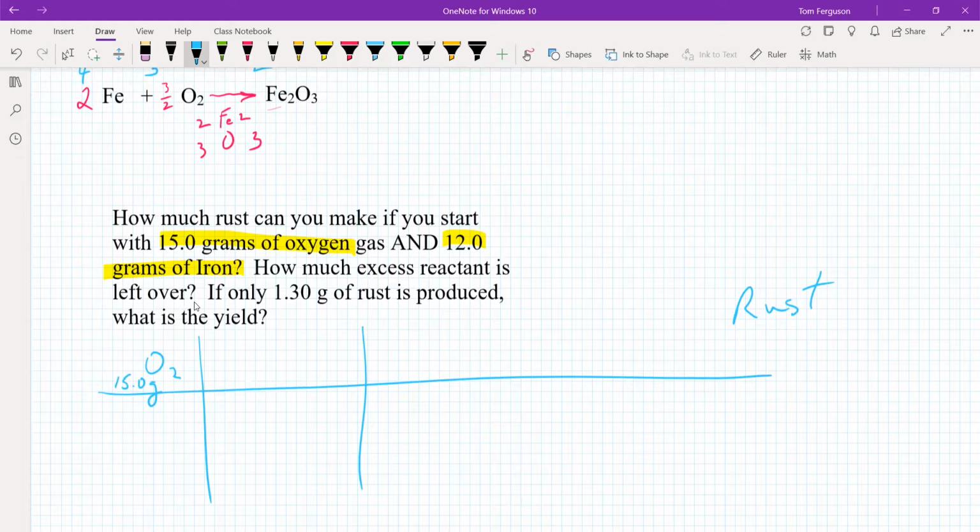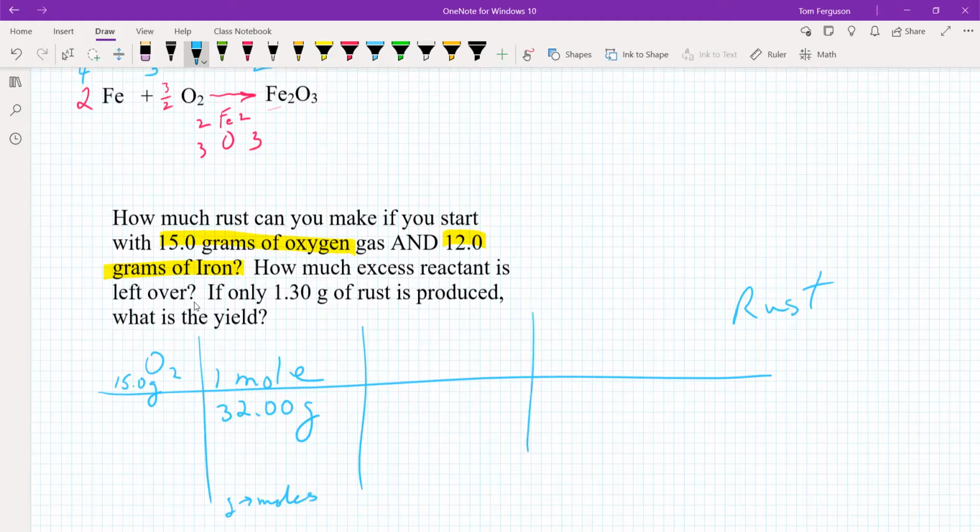That's the next step. We're just looking at the oxygen gas by itself. Okay, so that's a 3-step process. First step is convert the grams to moles. And oxygen is 16 grams a piece, so that's 32 grams per mole of oxygen gas.